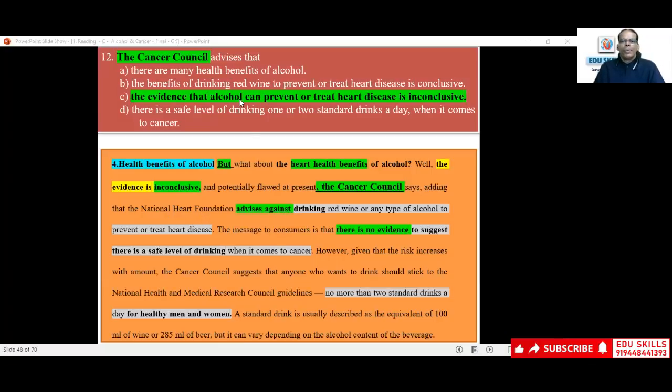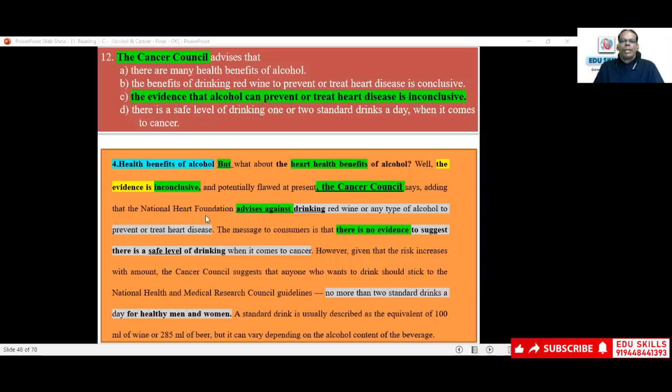Now you see one more name is given here. The National Heart Foundation advises against drinking red wine or any type of alcohol to prevent or treat heart disease. See, so the second option is the benefits of drinking red wine to prevent or treat heart disease is conclusive. This is of National Heart Foundation, not of Cancer Council.